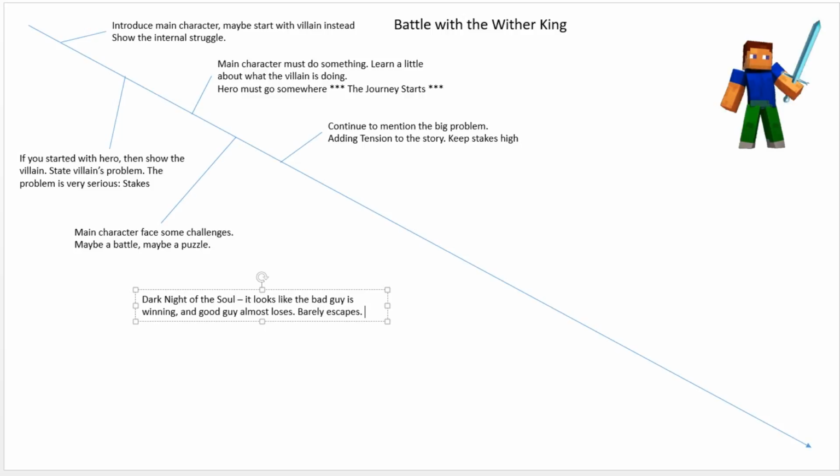Here is where the internal struggle hits. The internal struggle is what causes him to lose. So if he's afraid, the fear takes over and he's not able to get the bad guy and he just barely escapes. But now he learns a lesson.